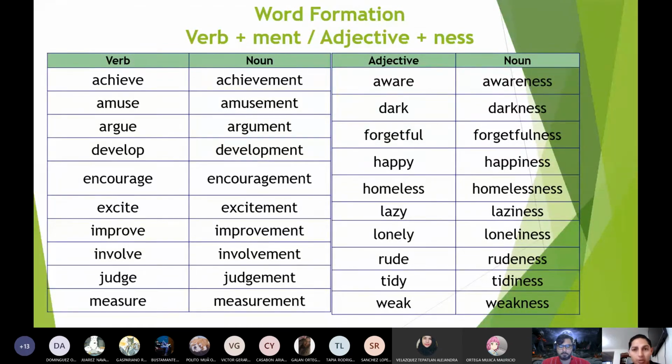Working on them, okay? Because you actually systematize them. We cannot talk about rules, because we're going to find exceptions, and that's deductive learning.